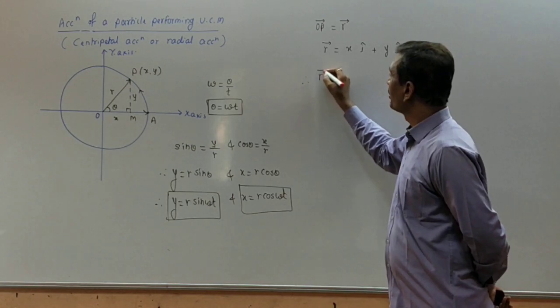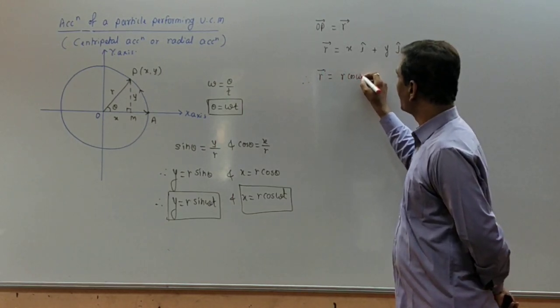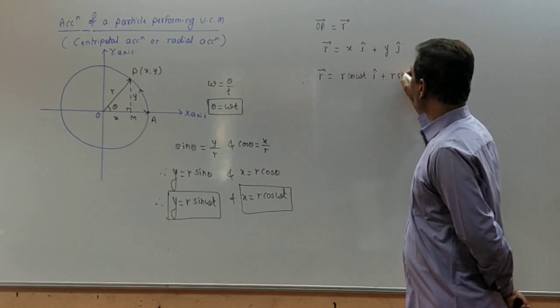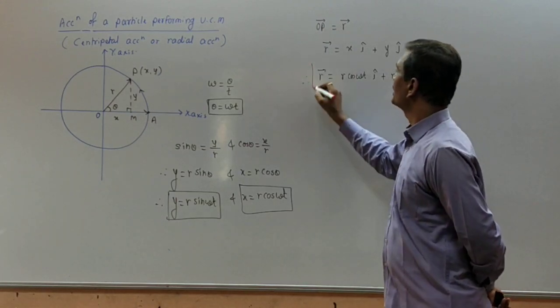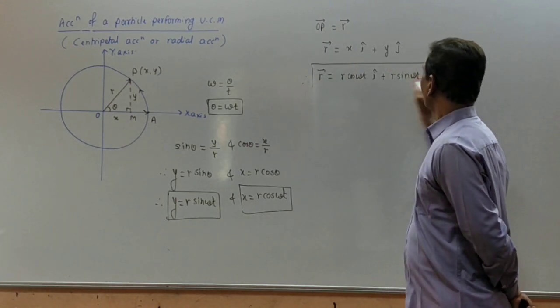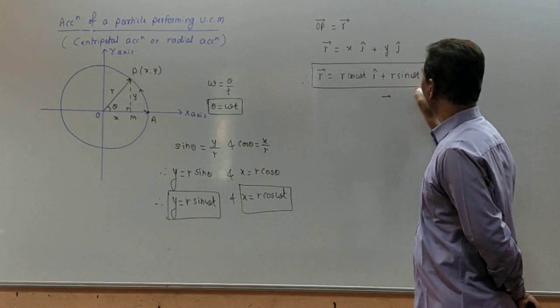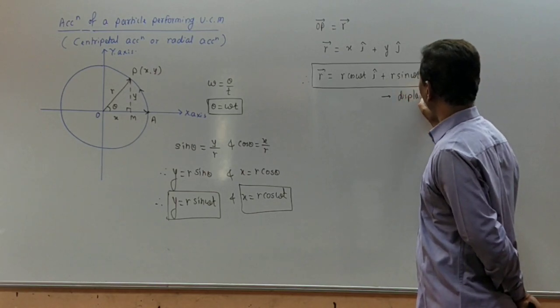We get r bar is equal to r cos omega t into i cap plus r sin omega t into j cap. This equation 1 represents the displacement of a particle.